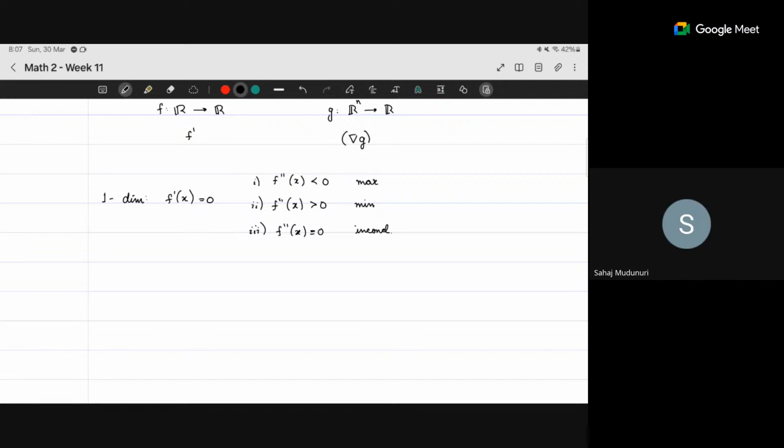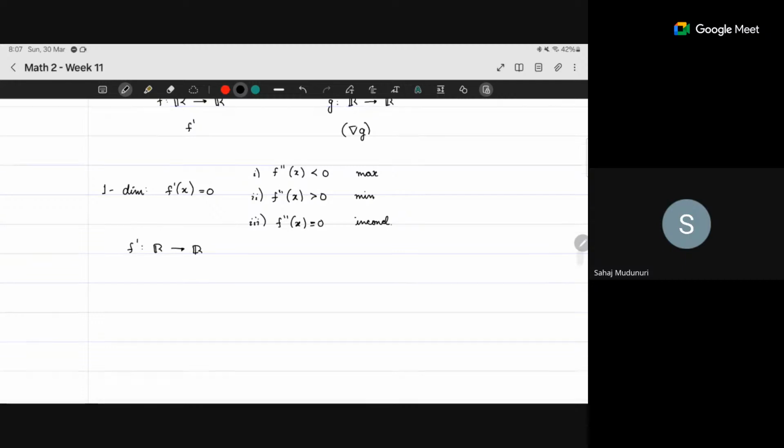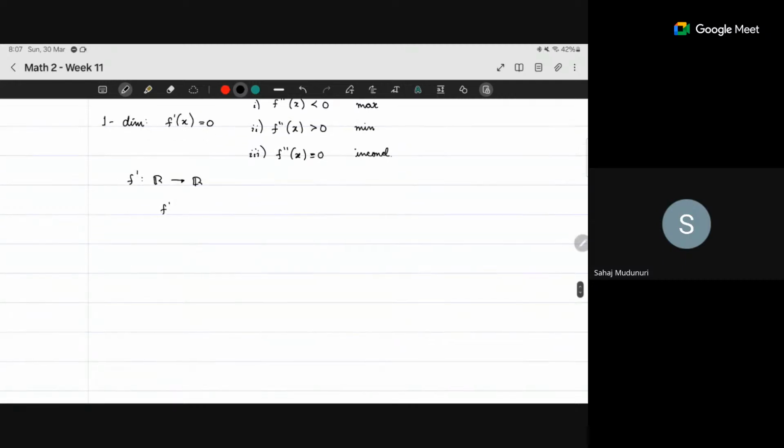That is the objective. But the thing is, if you have a one variable function, the f prime that I get in turn is a one variable function, right? So f prime is actually a function from R to R itself. And then I can just differentiate this again. So what is f double prime, the second derivative? It is just the differentiation of the first derivative.